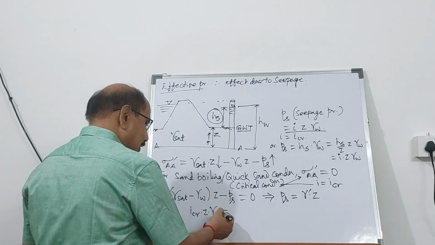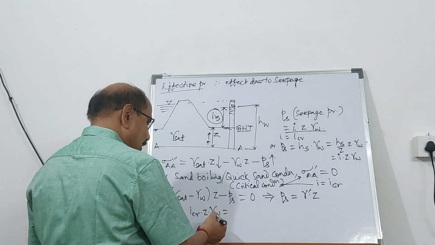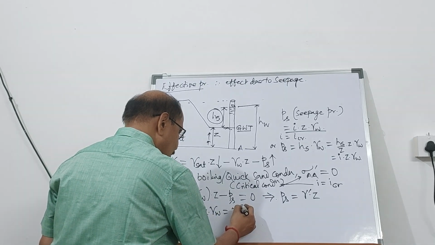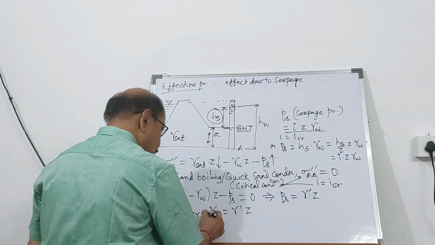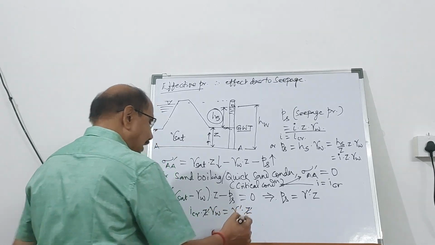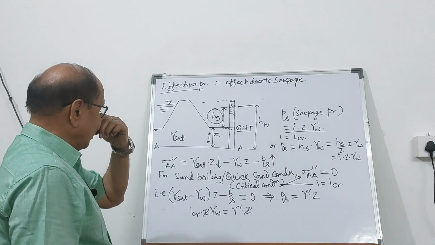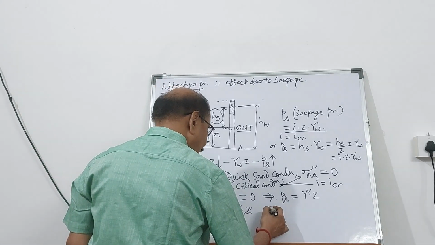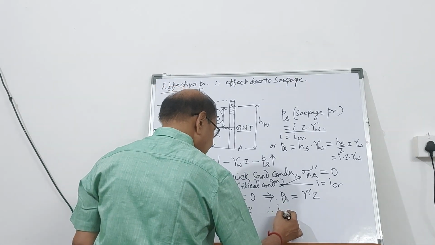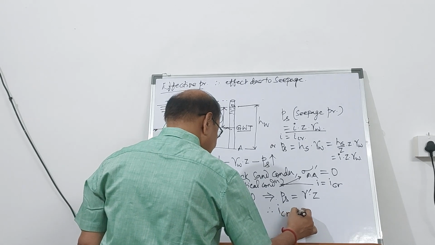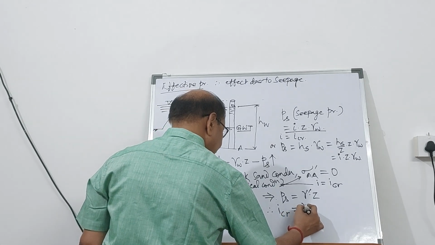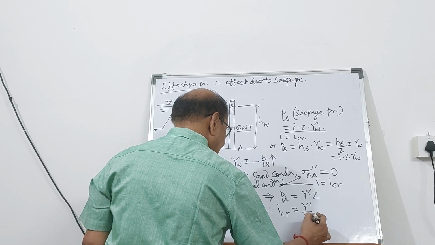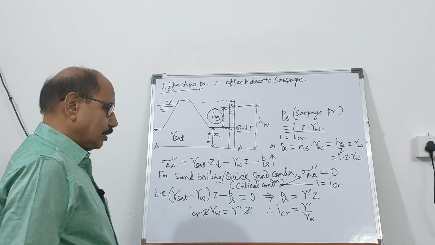Therefore, it is the critical hydraulic gradient into Z gamma W equal to gamma prime into Z. So Z, the length over which the seepage is taking place, is getting cancelled. Therefore, the critical hydraulic gradient is going to be gamma prime divided by gamma W, unit weight of water.